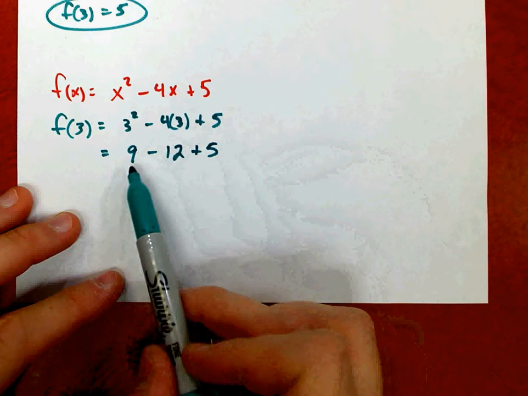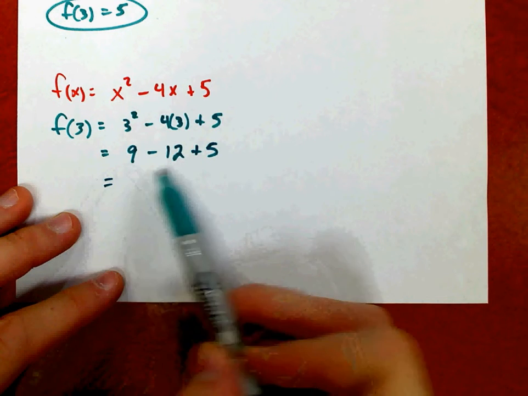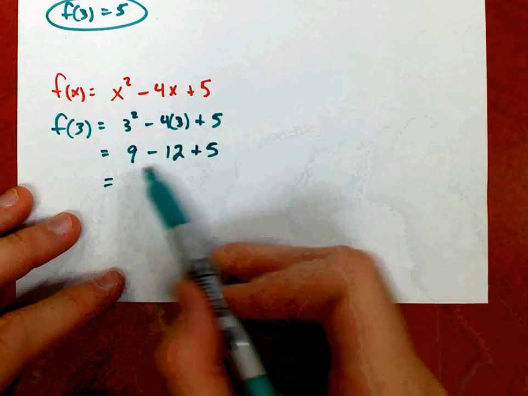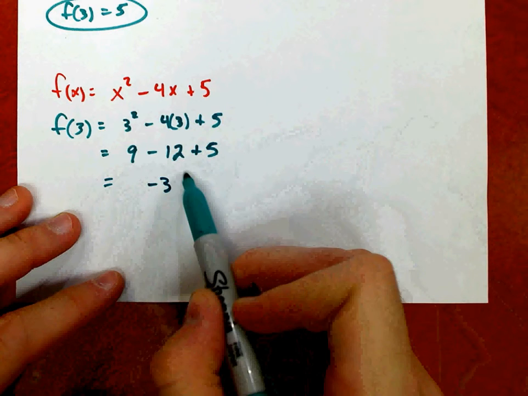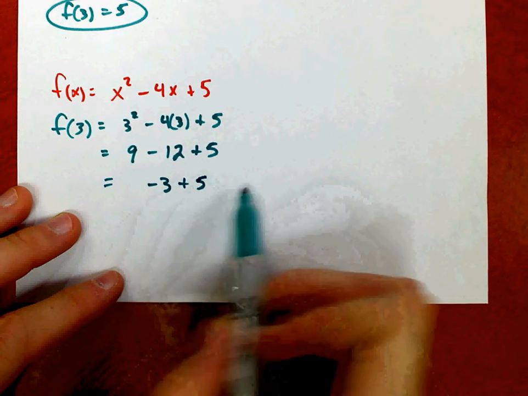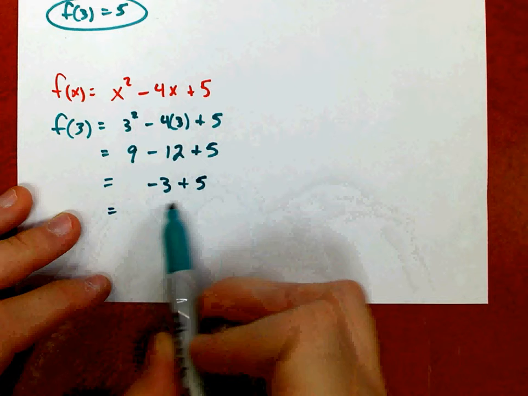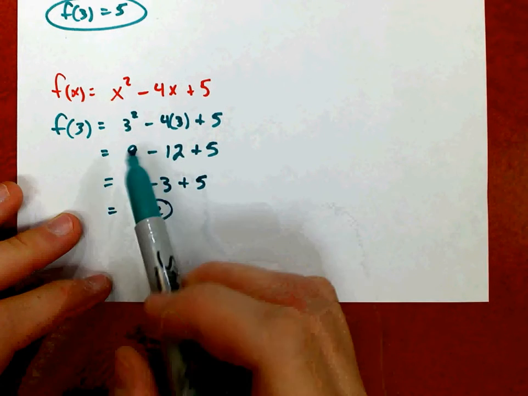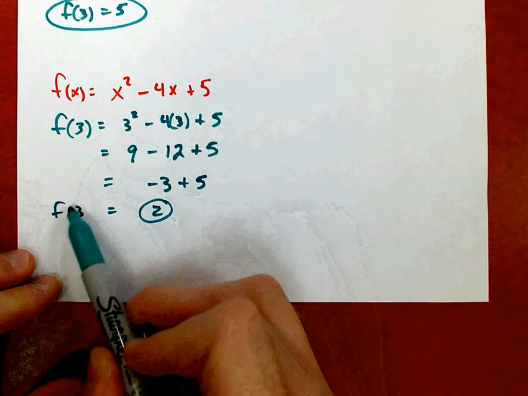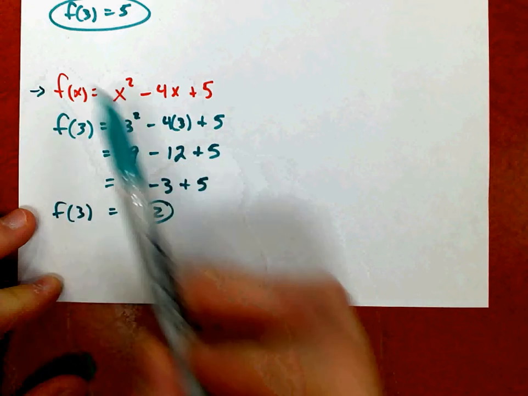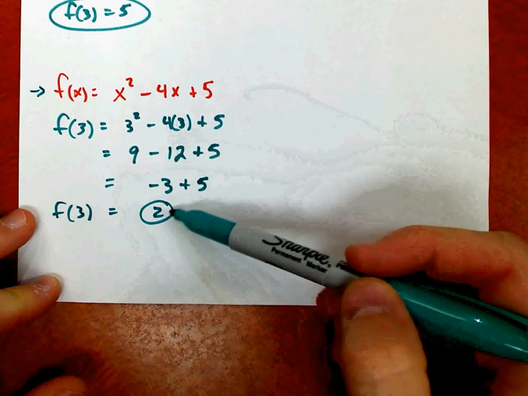And now I'll do subtraction and addition from left to right. 9 minus 12 is negative 3. And negative 3 plus 5 is 2. So f of 3, for my new nonlinear function here, f of 3 is 2.